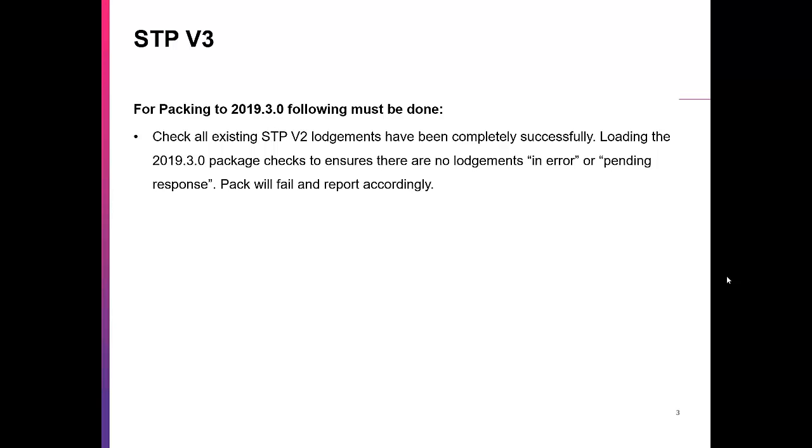I guess it goes without saying that you can't be leaving anything pending or in error. Loading the 2019.3 pack checks to make sure there are no lodgements in error or pending a response from the ATO. The pack will fail and will tell you as much.